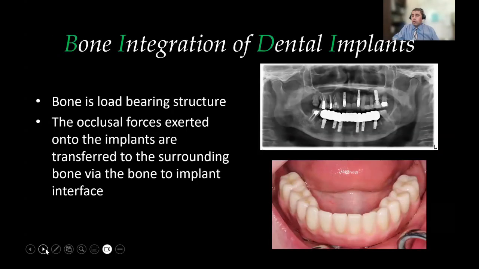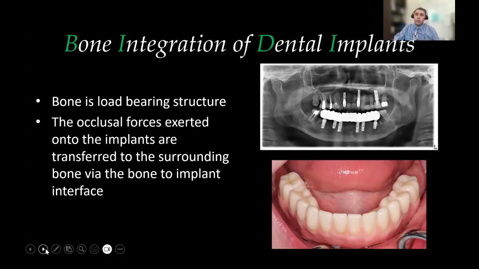The bone is a load-bearing structure, so we have to remember that. Your whole body is supported by the skeleton, by bone. That's how we walk, we run all the time. And the same thing happens in the arches and the bone in the arches. So they can be loaded and they can be loaded successfully. The occlusal force is exerted onto the implants, transferred to the surrounding bone via the bone implant interface.